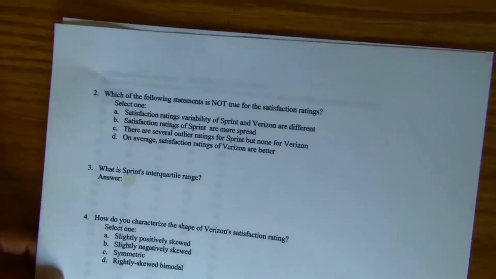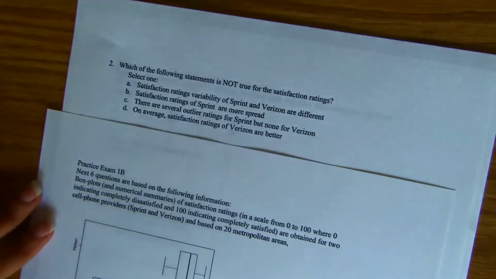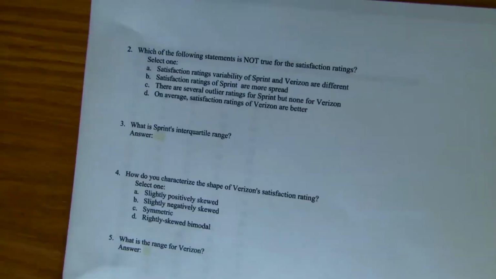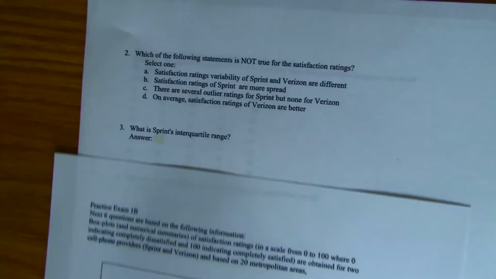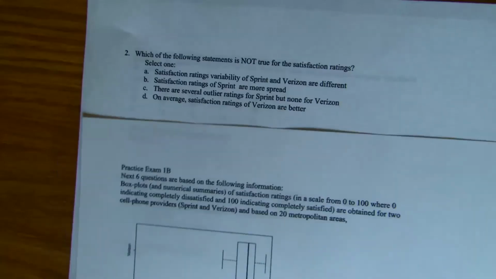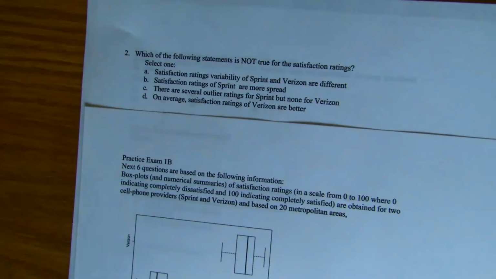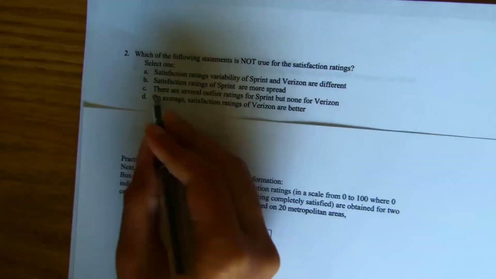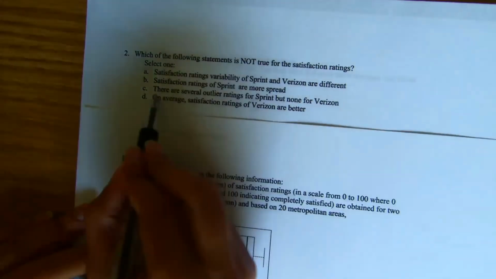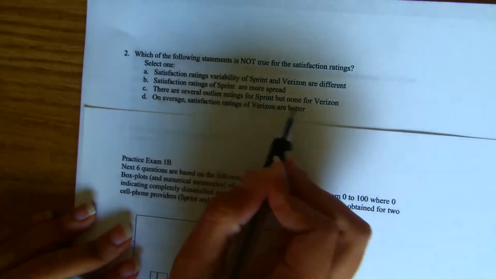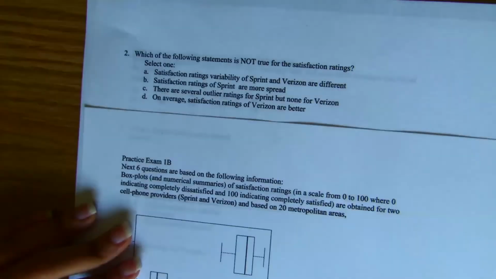This also relates to this data set right here. Number 2 is asking, which of the following statements is not true for the satisfaction ratings? The answer here is going to be C. There are several outlier ratings for Sprint, but none for Verizon. That's not true.